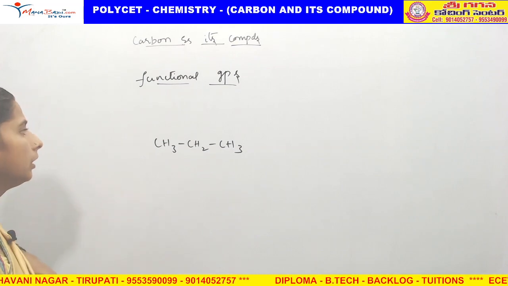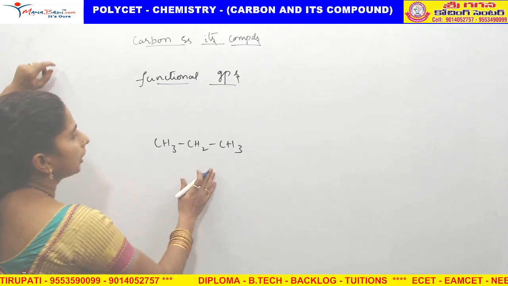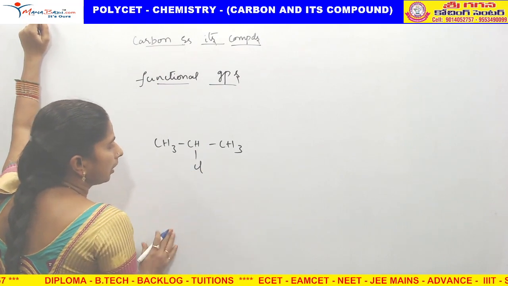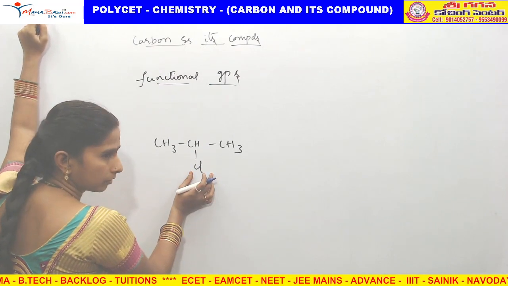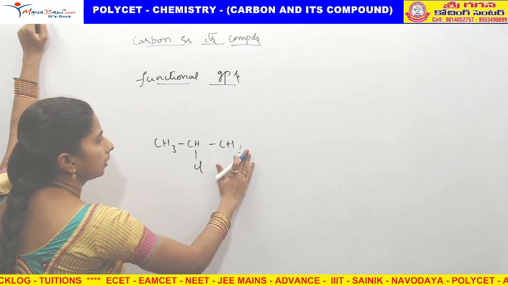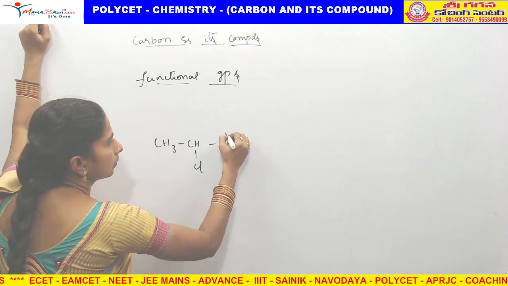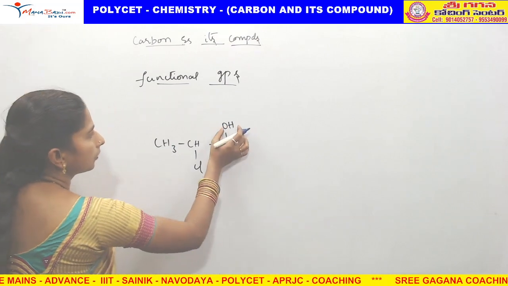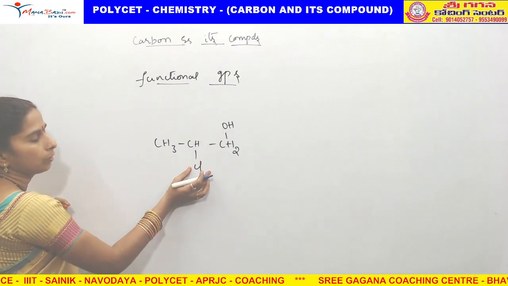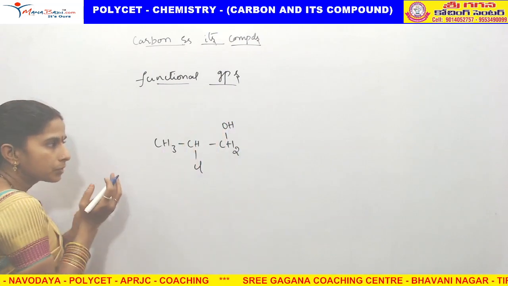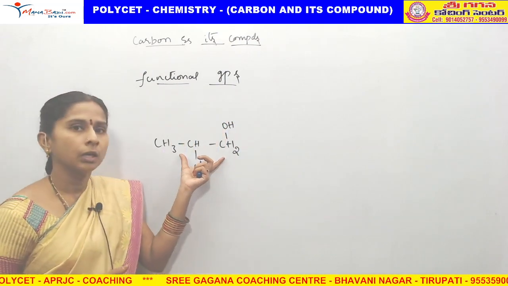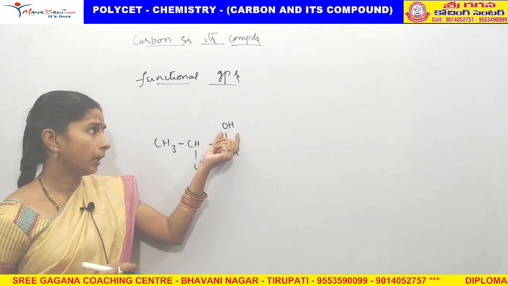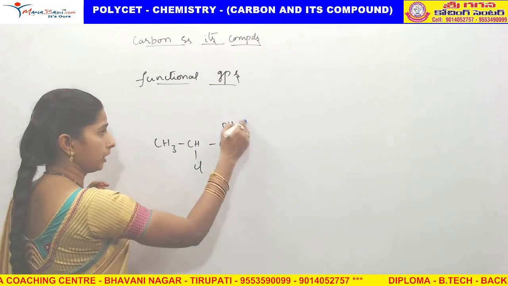If we are giving any other element, chlorine, or oxygen with hydrogen, this type of molecule, one atom or group of atoms, if we are giving to the molecule, because of this group of atoms the whole properties will be changed.